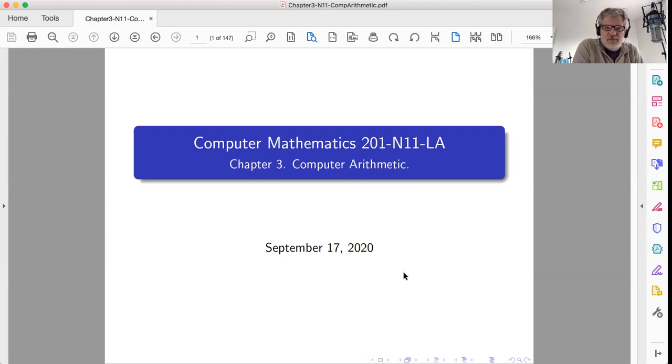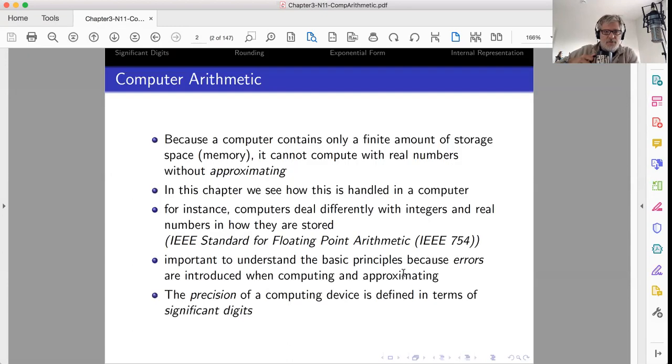Welcome to lecture 6. Today we're going to start chapter 3, computer arithmetic, and we're going to start with some basic things such as significant digits and rounding.